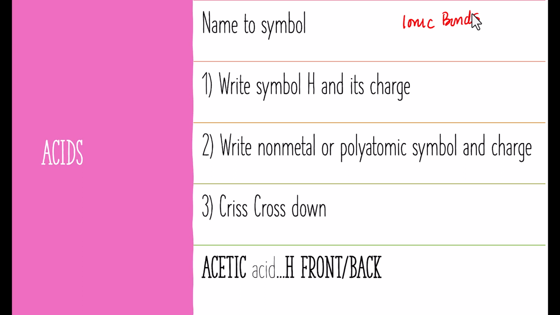So all your acids right now will begin with an H. The charge of H is going to be +1 because it's going to behave like a metal. Next, you write the nonmetal or the polyatomic symbol with charge. You're going to crisscross down. And again, acetic acid, H can be in the front or the back.